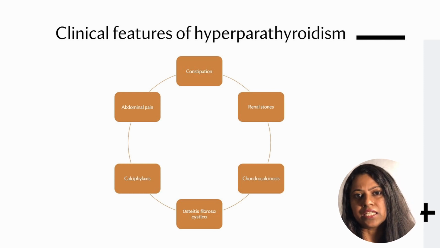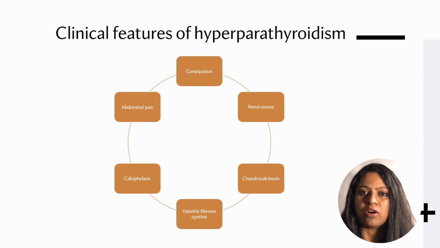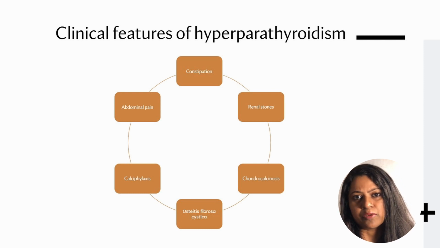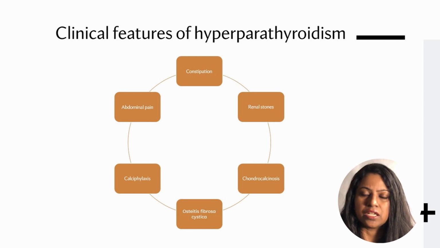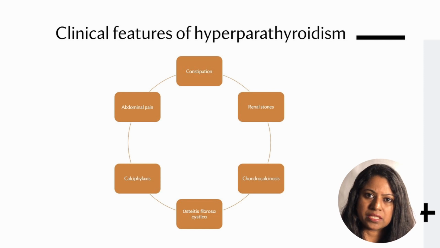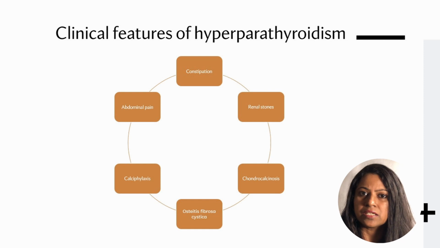Calciphylaxis is a condition caused by clotting in the subcutaneous tissues of the body due to activation of clotting enzymes by the excess calcium in the blood. On the other hand, osteitis fibrosa cystica is a bone condition also called brown tumors. It is not a malignant or pre-malignant condition. It occurs due to collection of hemorrhagic fluid within the bone, which is being lysed due to the extra PTH in the body.